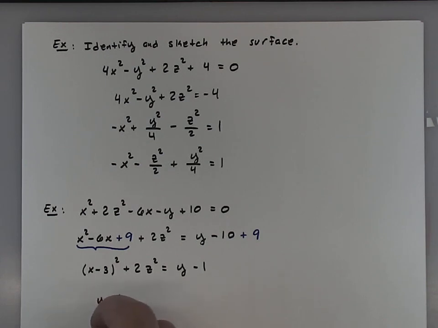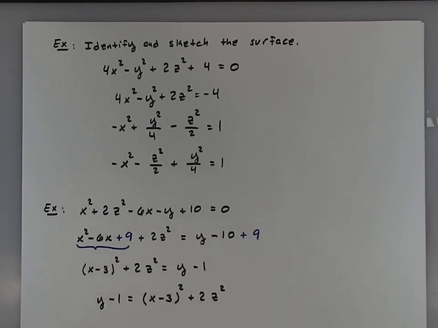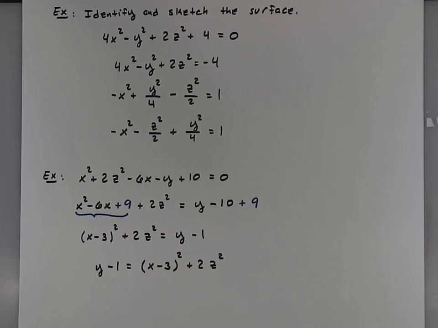So y is not squared, so y minus 1 is equal to x minus 3 quantity squared plus 2z squared. Because x is squared and z is squared and there's a plus, this is some sort of ellipse. So it is elliptic. Y is not squared, so it's a paraboloid. So the axis is parallel to the y-axis, but it's shifted by 1 unit.